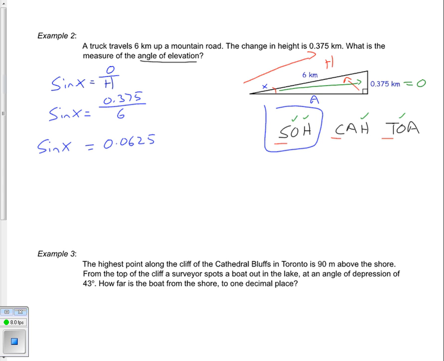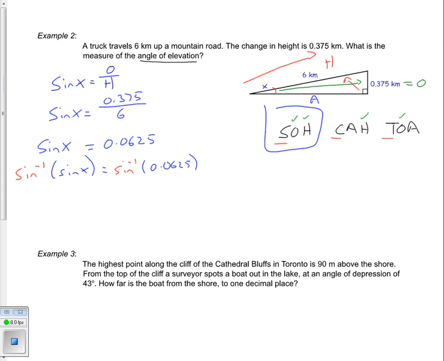Right now, we've got sine of x, but we need to get x all by itself. In order to do that, we have to do the opposite operation of sine, which is sine inverse. So if we do sine inverse on the left, we have to do sine inverse on the right: sine inverse of 0.0625.